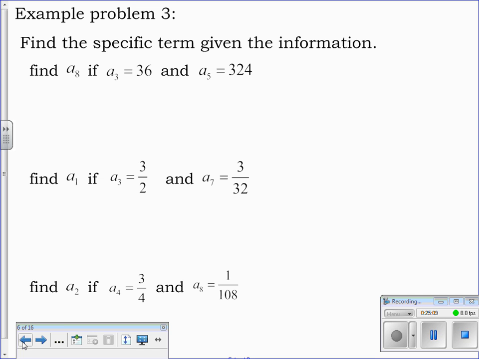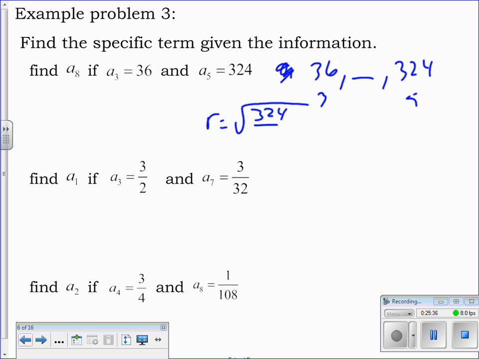Find R. Same way we just did, you find R. I have a sub 3, 36, then there's 4, and then a sub 5 is 324. I have the third term and the fifth term, so I do the same thing I just got done doing to figure out what R is. So R would be the square root of 324 divided by 36, because I have one more than the number of spaces, so I do the square root.